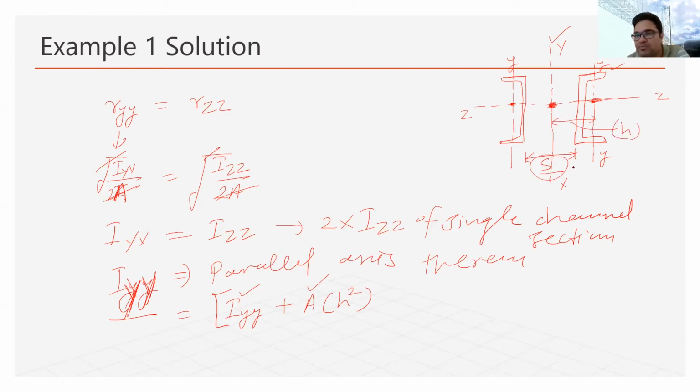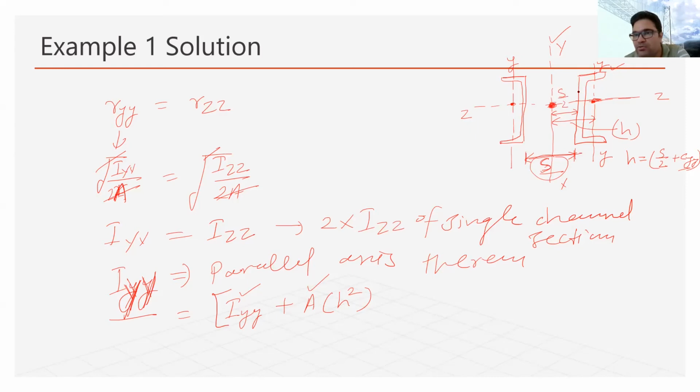Now the h value is actually equal to s by 2 plus cyy. What is cyy and how have I calculated this s by 2? You can see here this value is s, and the y axis is passing through half of this value, so this value will be s by 2.